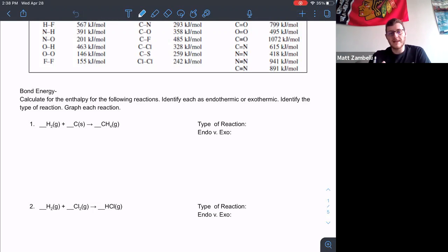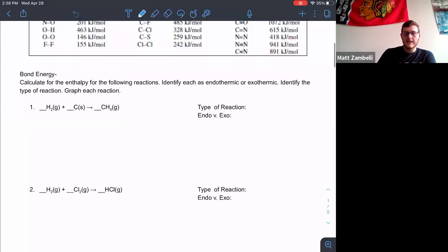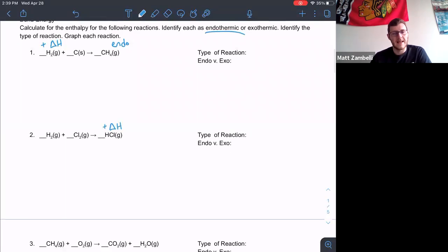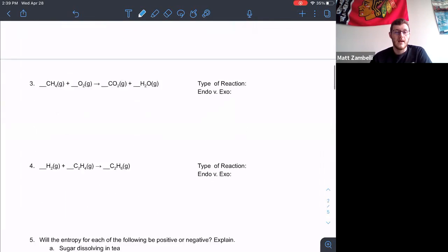If enthalpy is negative, or delta H is negative, we have an exothermic reaction. And so a reminder that for endothermic, we would add delta H to this side. If it was exothermic, delta H would get added to the product side because it's also being released. So just a reminder on that. Not saying that's happening on either of those, just to give you that heads up.